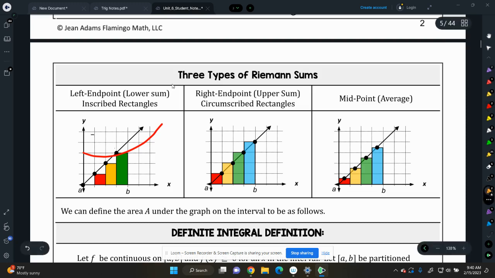So if I were to draw left point rectangles, there's a left point, and then we have another left point, so the left corner of the curve, and it's the area between the curve and the x-axis.